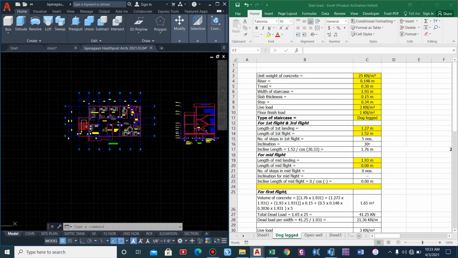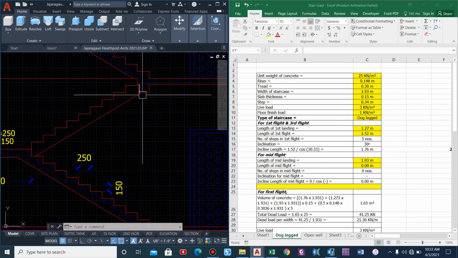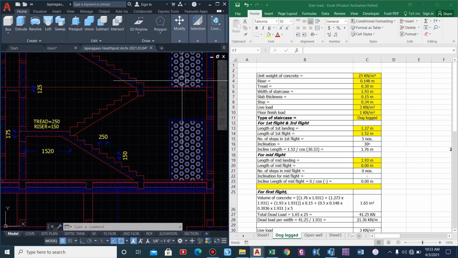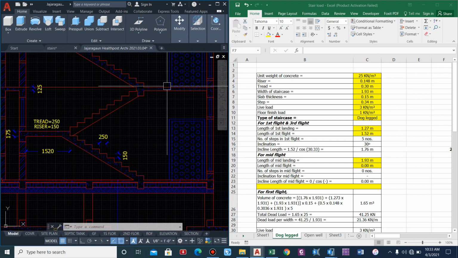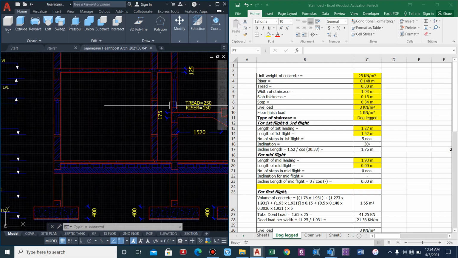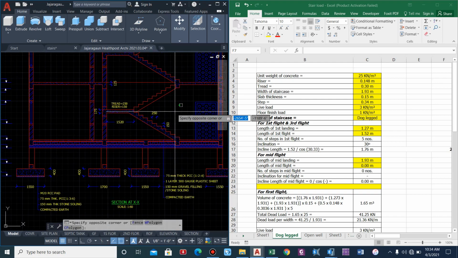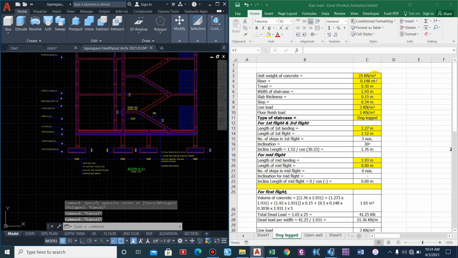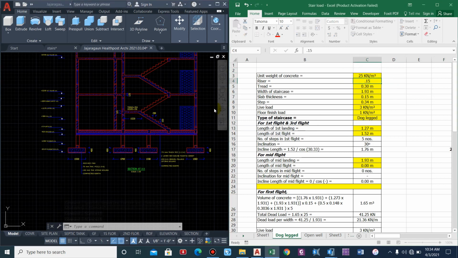And remember, this time we have a beam over here, so we will not include the length or the weight of this landing. We'll just include the mid landing. The riser is provided as 150 mm, so that means 0.15 meter. Similarly, the tread is provided as 0.25 meter.